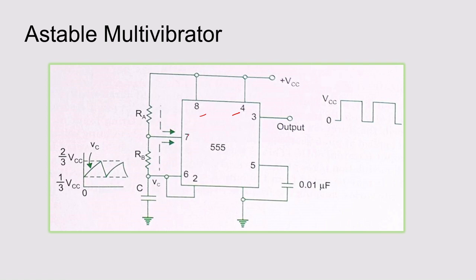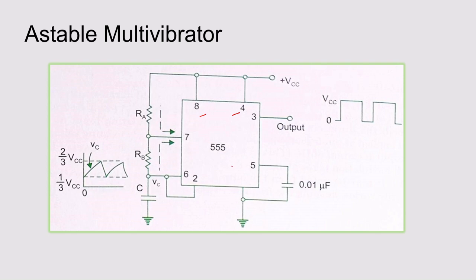The 7th pin is discharge, connected between RA and RB. And the 6th pin, the threshold pin, and your triggering pin are both shorted and connected to this simple RC network.